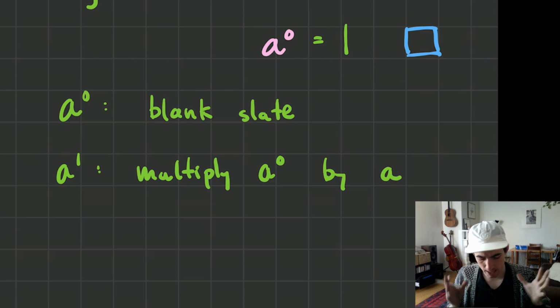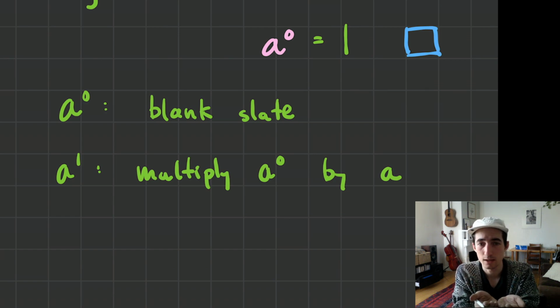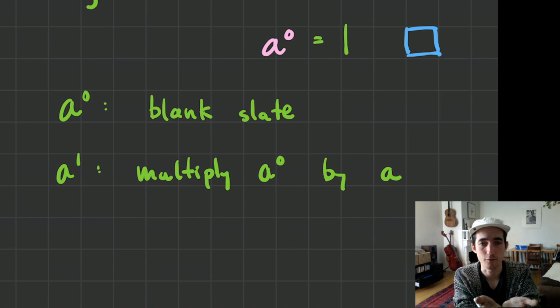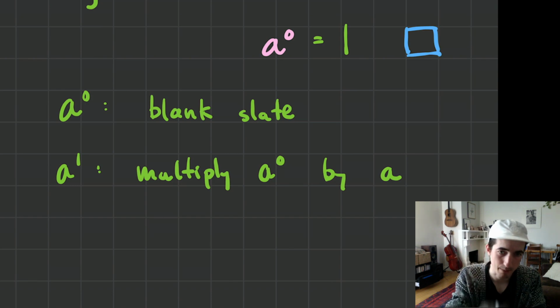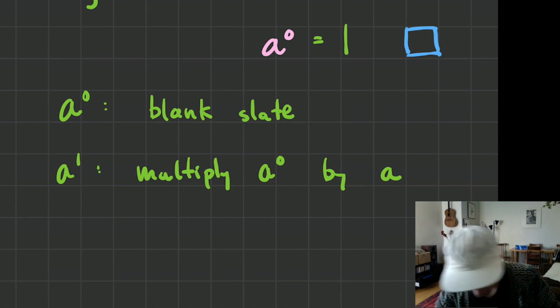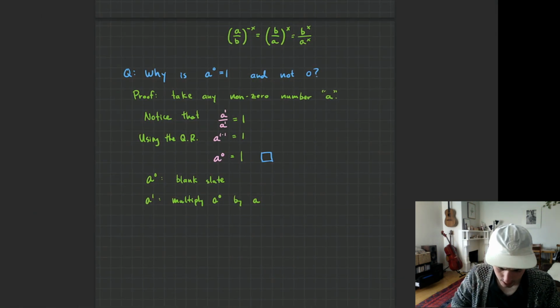So a to the power of 0 is kind of like your empty exponent. And since exponents are repeated multiplication, the unit of multiplication is 1, right? It's not 0. It's kind of like the empty slate for multiplication. We have to be able to multiply it by something, and if we multiply it by 0, then it's always going to stay at 0, right? Okay, so hopefully that answered your question.